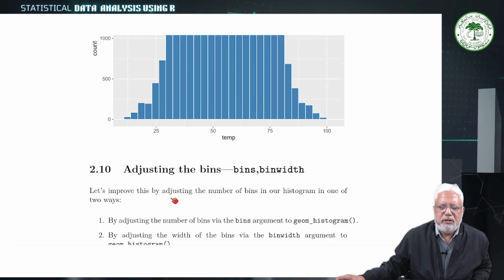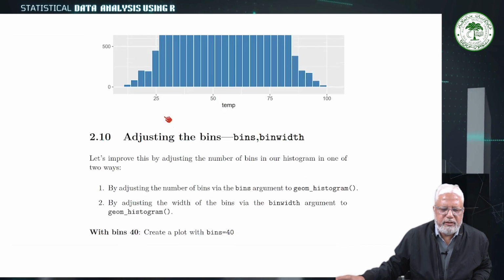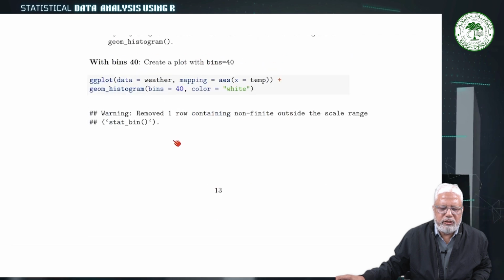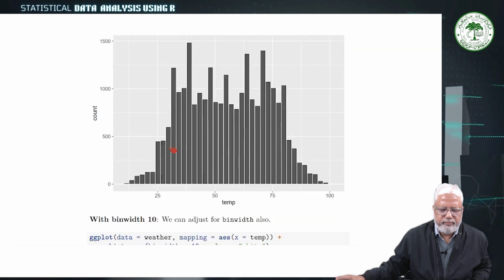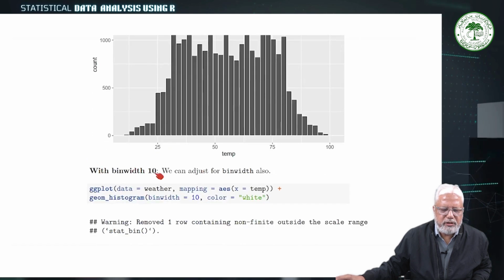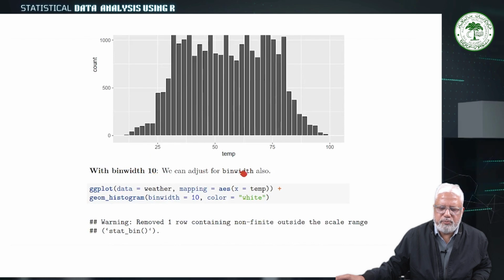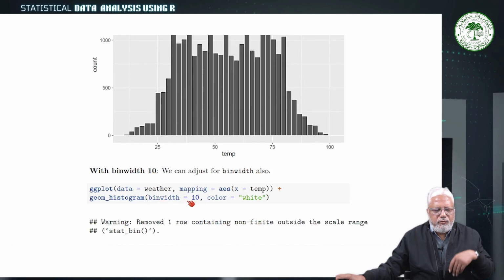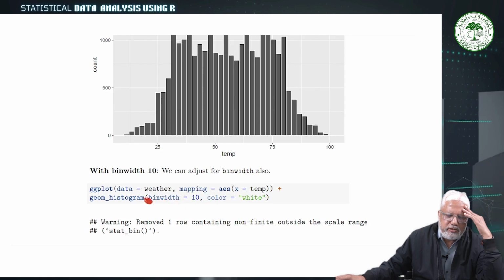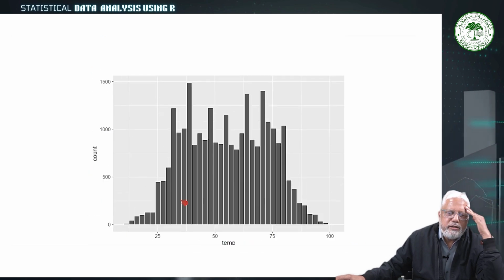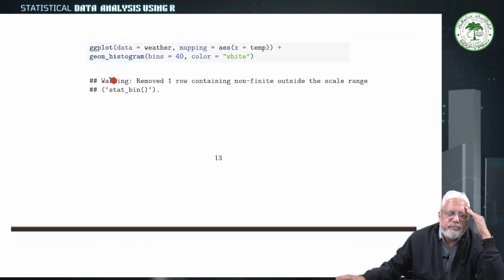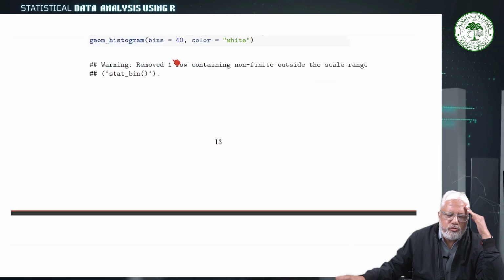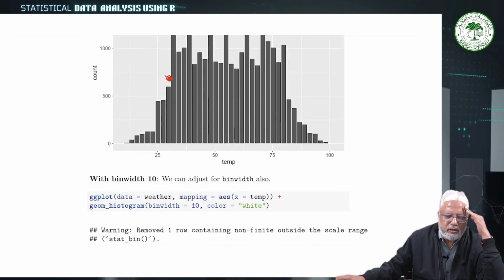Now we can adjust the bin width. You have to give only one argument: either the number of bins or the bin width.